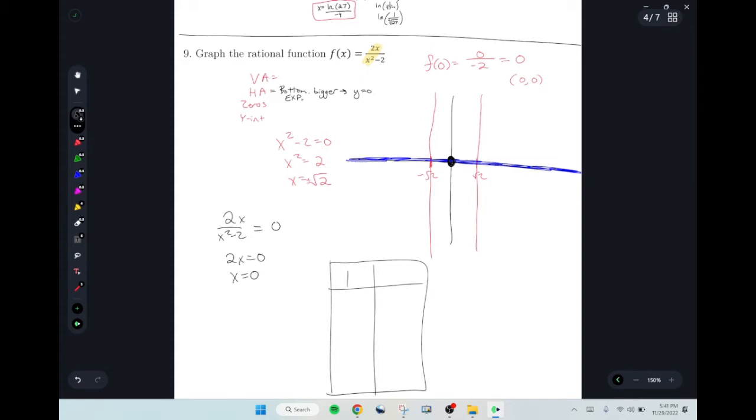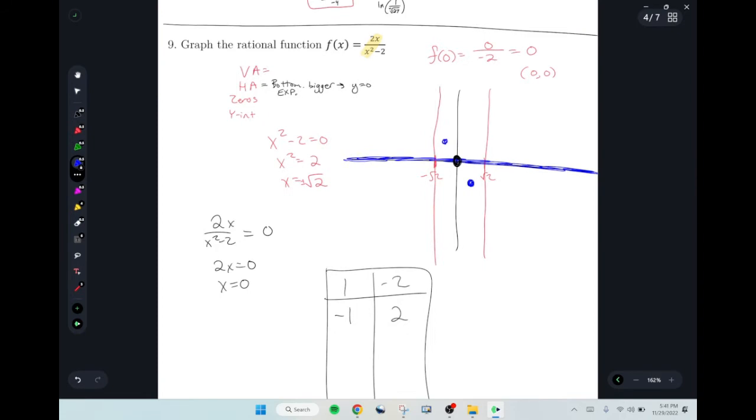You plug in 1, you get 2 over negative 1, so negative 2. So that would be the point (1, negative 2), down here. You plug in negative 1, what do you get? Flip it, because the top. So I think I can tell what the inside is going to look like already. Like that S curvy thing.